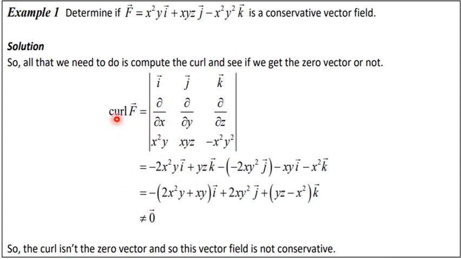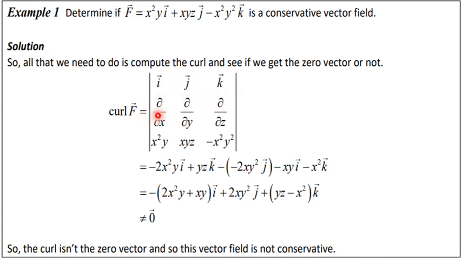Now how could you find out the curl of any given field? We can determine it by making a determinant. In the determinant, in the first row we write i, j, k.